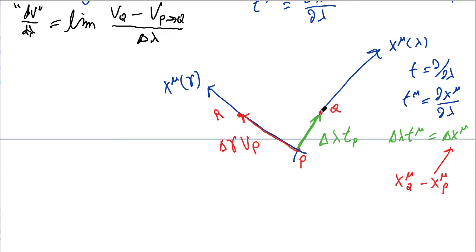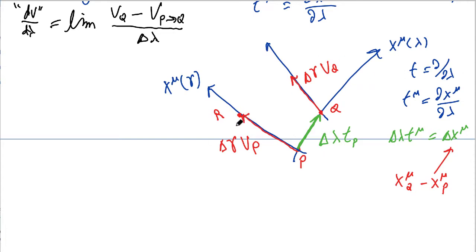And I can also do the same thing for the vector v at point Q. Okay, so I can draw a curve such that the tangent to that curve at point Q is v at point Q, and then I can make that into a displacement vector, which is delta gamma v at point Q. Now, if we go back to this point R, remember the vector field T is defined everywhere, so there are flow lines through every point in this region of the space or space-time.